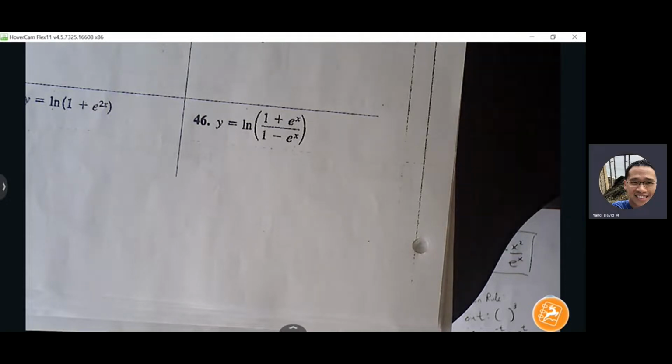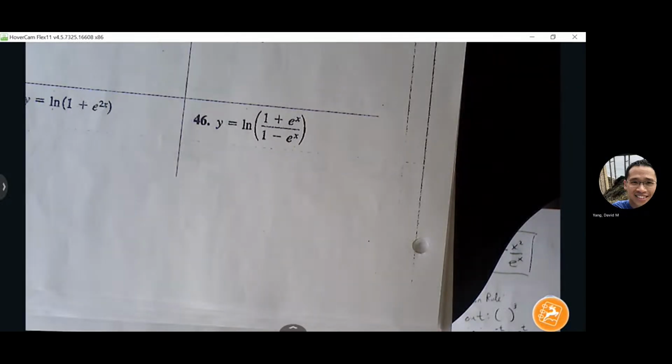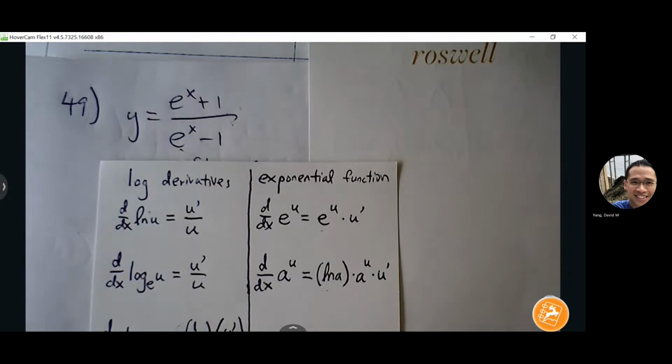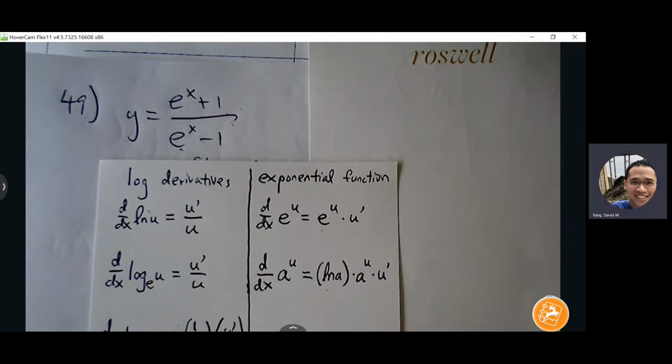Okay, take a look at 49. Okay, look at how 49 is set up. Why don't you do this one?